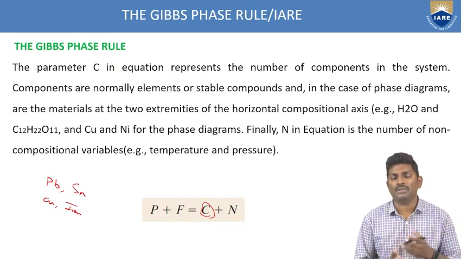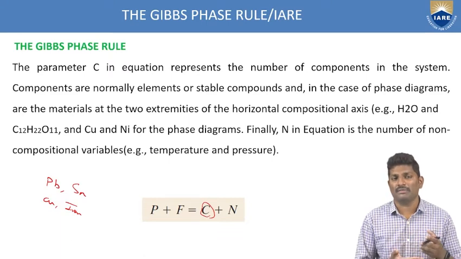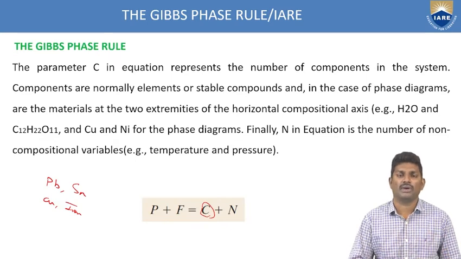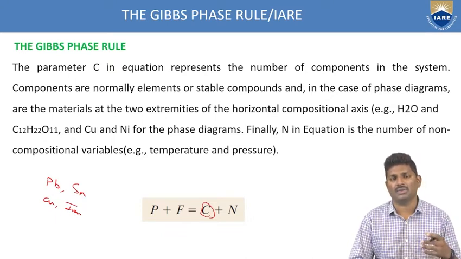That is the usefulness of the Gibbs phase rule in identifying the number of components, number of phases, or number of degrees of freedom, the externally controlled variables. If you know all these things, it is very easy to draw any type of phase diagram, given any number of phases or components, if you follow this Gibbs phase rule.